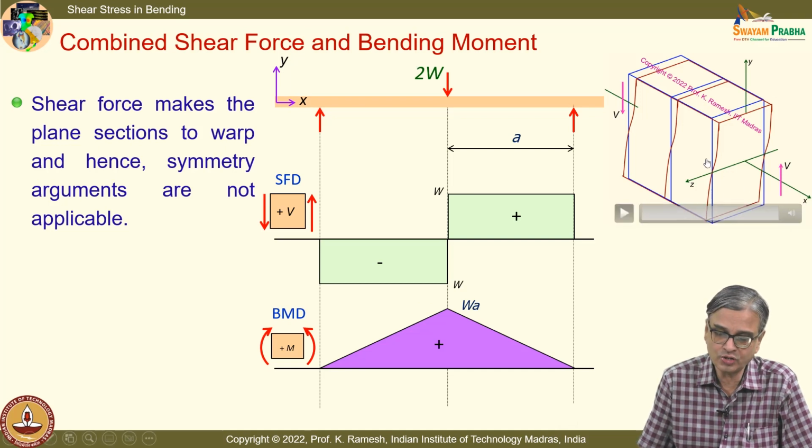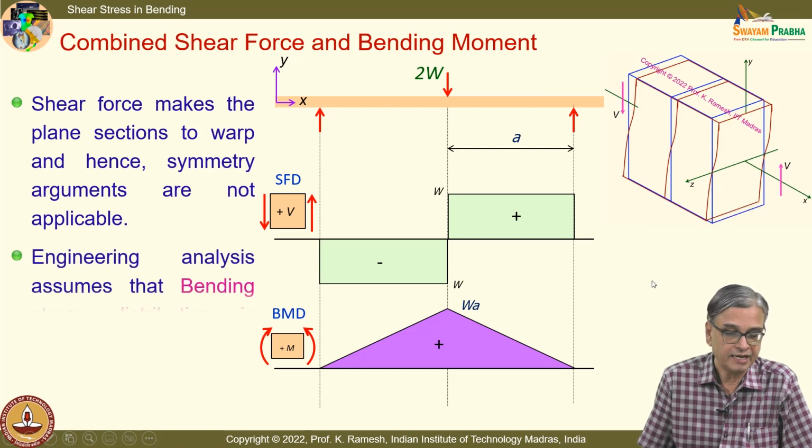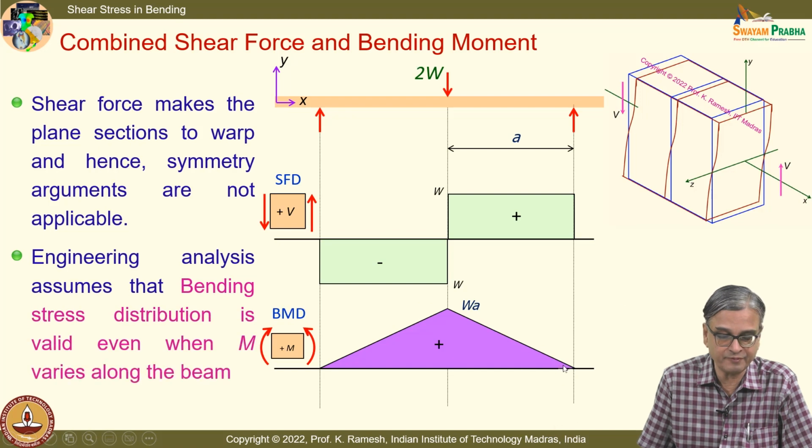And we also note that you have a maximum change in the angle at the middle plane, which is coinciding with the neutral surface. So your shear strain or shear stress reaches a maximum here. And even though my bending moment varies along the length of the beam, in engineering analysis you use the flexure formula, and in that you use the bending moment as seen at that particular length of the beam.